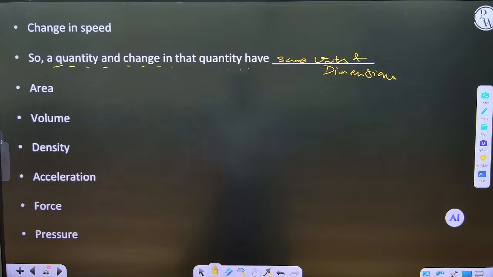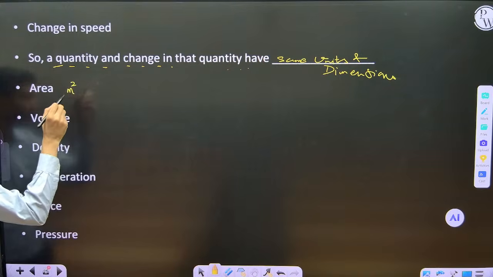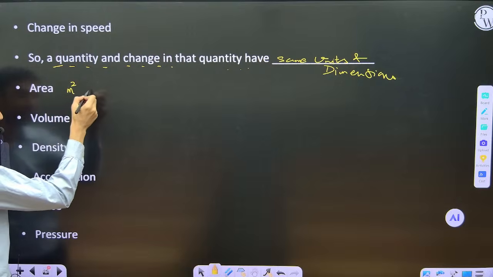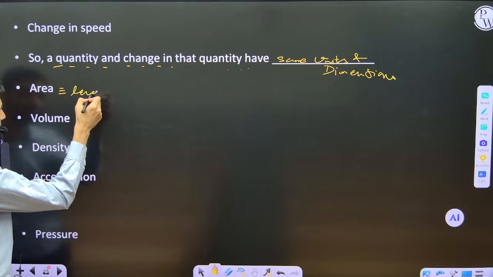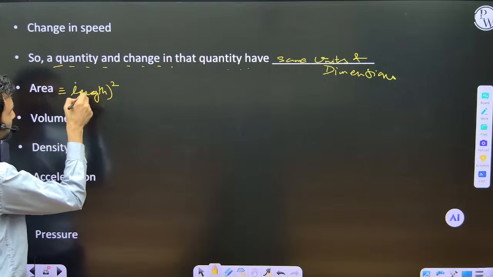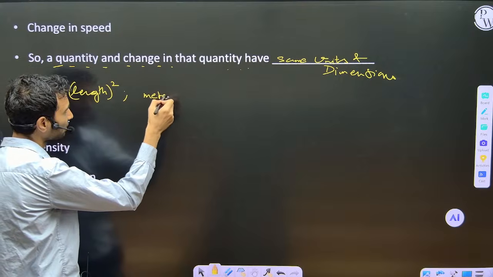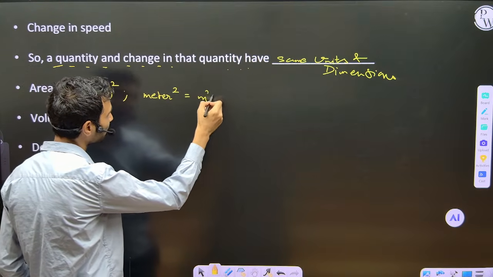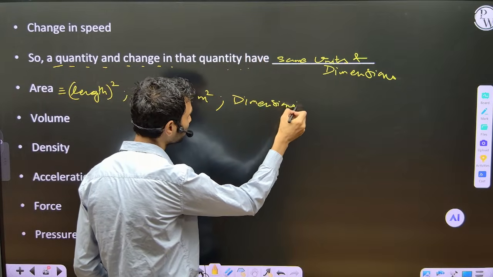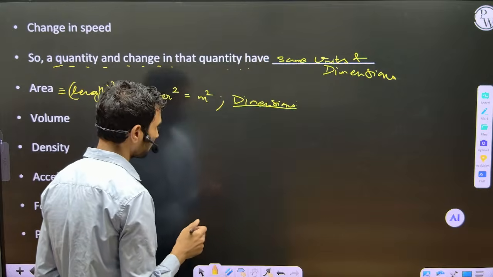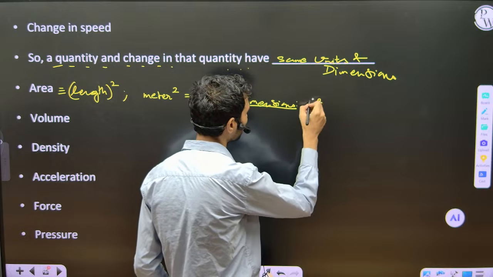Now what about area? Area unit would be what, guys? Meter square. And dimensions, because area is after all length square, and basically meter square, the dimension is L square.